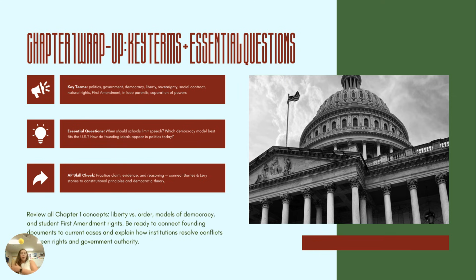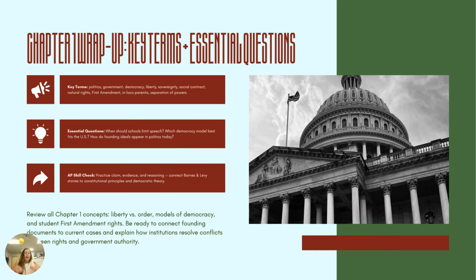I believe the model of democracy that best describes the US today is blank. Then I'm providing some evidence. I'm providing the data, the quotes, the experimental observations, what I see in the world around me, right? That evidence that supports my claim.